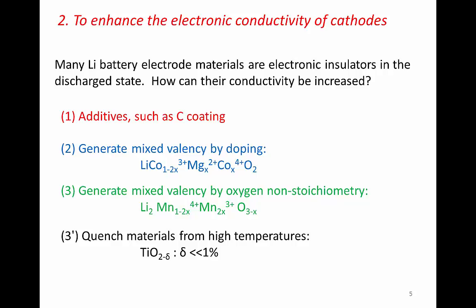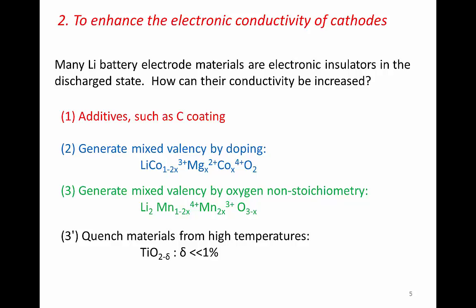So how can we enhance the conductivity of the cathodes? This is essential, because many of the electrode materials that are used as redox active cathodes are insulators in the discharge state, and so it's essential that we can increase their electronic conductivity. There are maybe 4 ways in which this can be achieved.